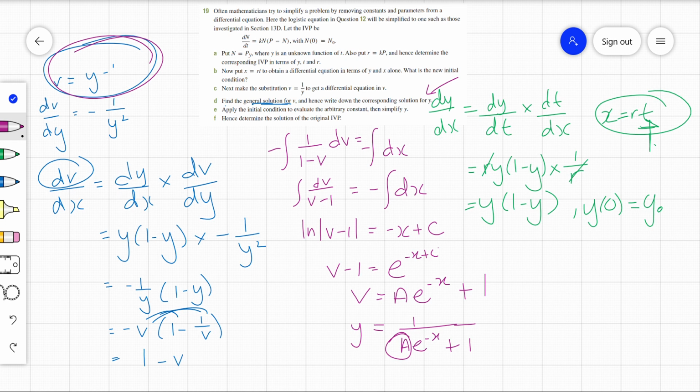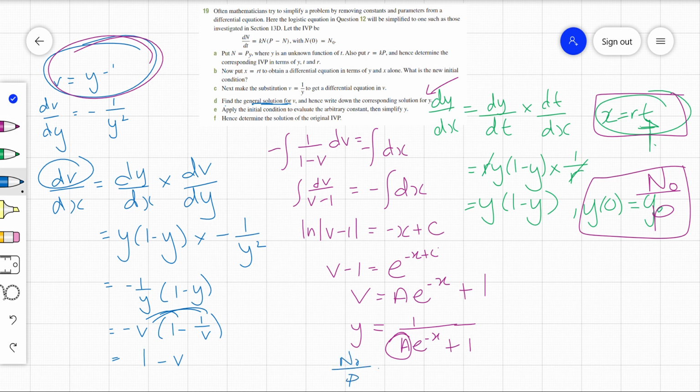All right, so remember our initial condition being y0 is n0 on p. So when my t equals 0, which means my x equals 0, my y0 will be n0 on p. So here I've got the y will be n0 on p, and here I've got a e to the minus 0, so that's just 1 plus 1.